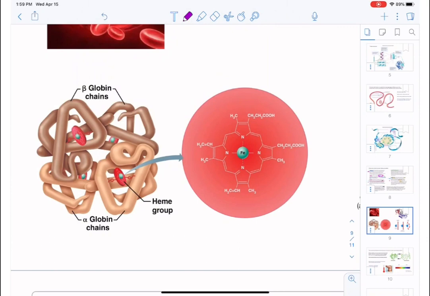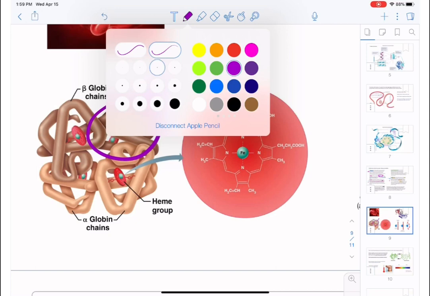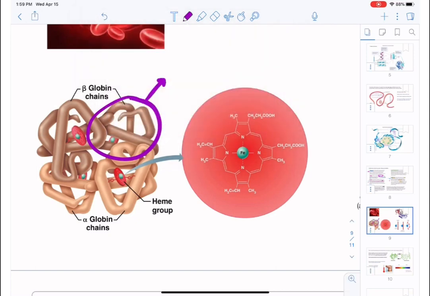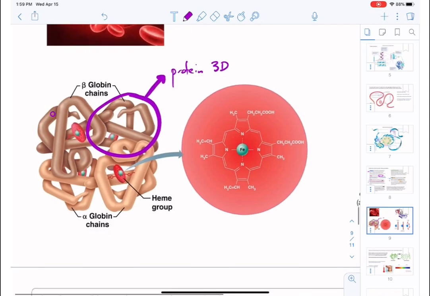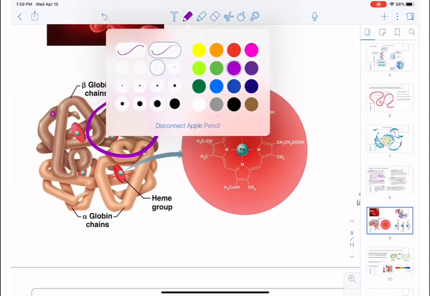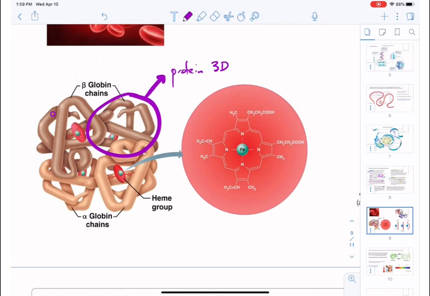What's important here to realize is that each one of these globin chains is an individual protein in its 3-dimensional structure. So this is a protein in its 3-dimensional structure. Same goes with all of these globin chains. So you can think of these as strings of amino acids.